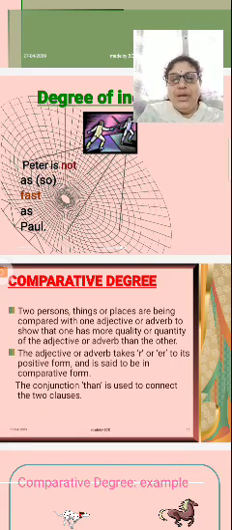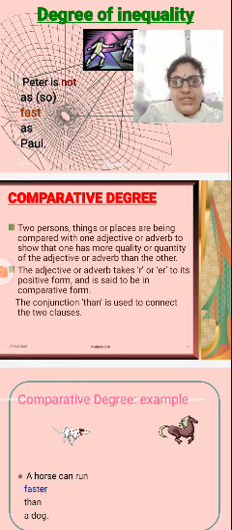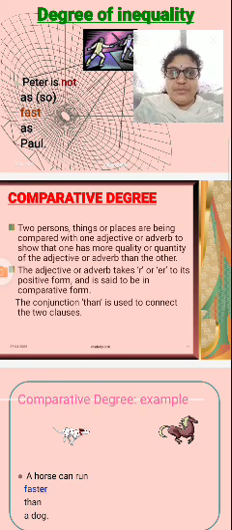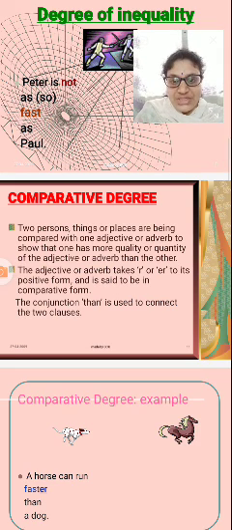Second one, comparative degree. Two persons, things or places are being compared with one adjective or adverb to show that one has more quality or quantity of that adjective or adverb than the other.